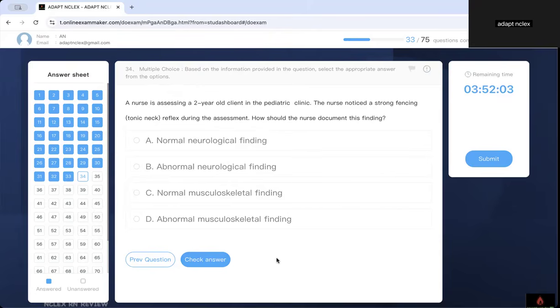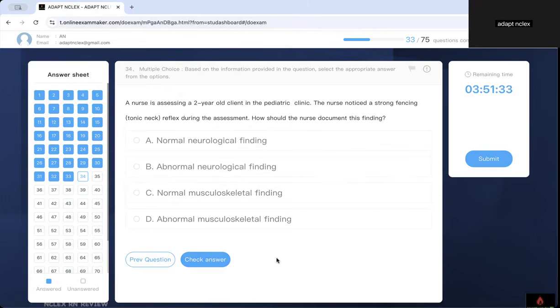And this is one of them. Think about it. A nurse is assessing a 2-year-old client in the pediatric clinic. The nurse noticed a strong fencing tonic reflex during the assessment. How should the nurse document this finding? It's a trap. When they give you a pediatric patient, look at the age when they're referring to reflexes. A 2-year-old should not have a primitive reflex.